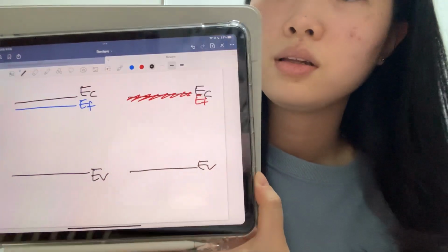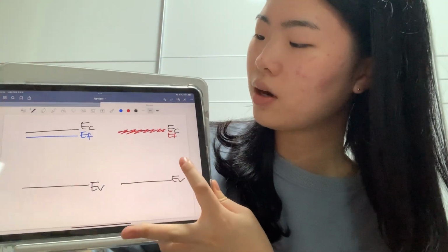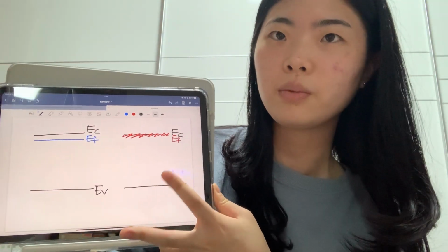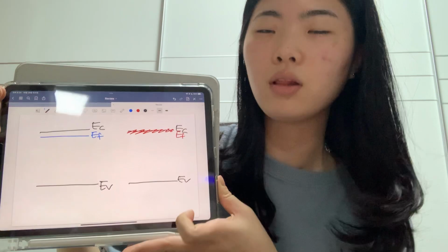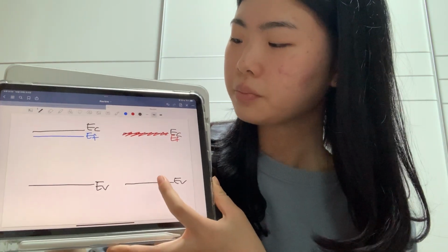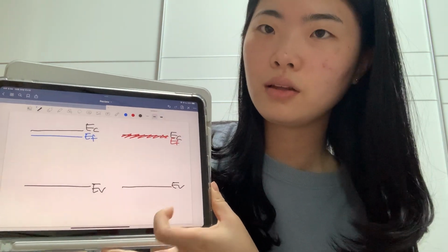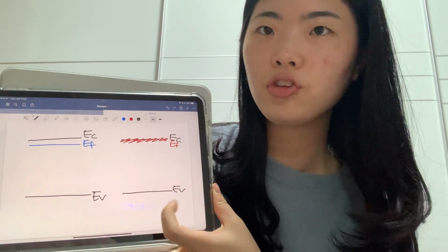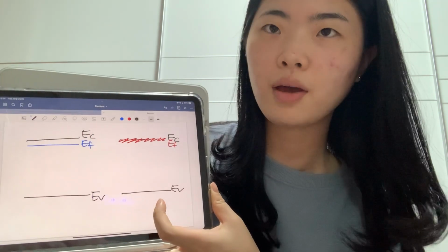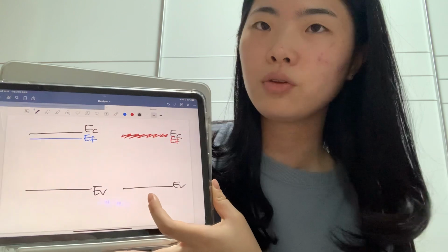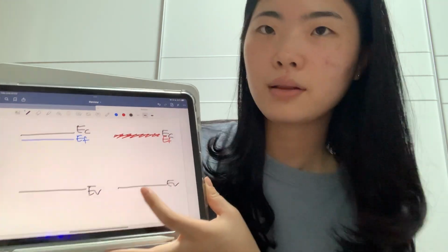So this one is the Fermi Dirac level and the conduction band level will be the same in here if we dope a lot. So if this semiconductor changes like this and has this energy band gap, this semiconductor will work like metal.